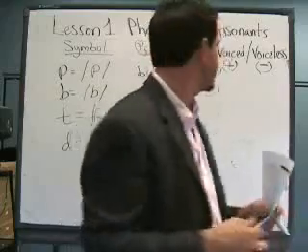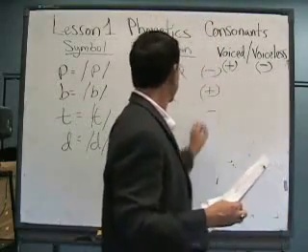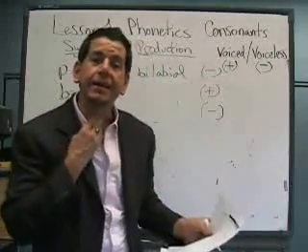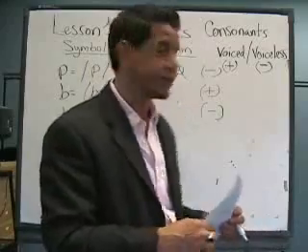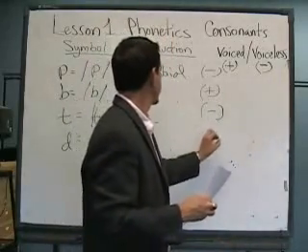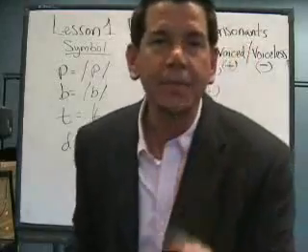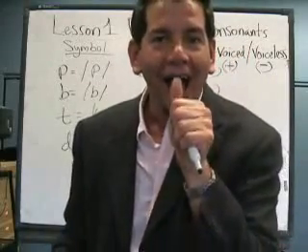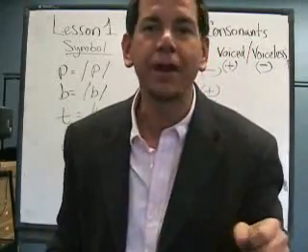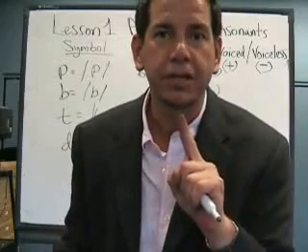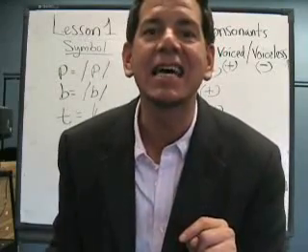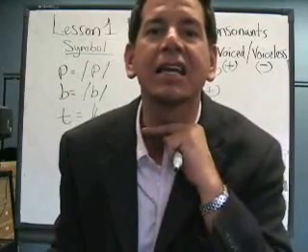You don't feel vibration, so it's voiceless. D, d, d. You do feel the vibration. It's voiced. All right. How is it produced? Well, it's the top of your tongue touching right behind the front of your teeth. Ta, ta, ta. Da, da, da.